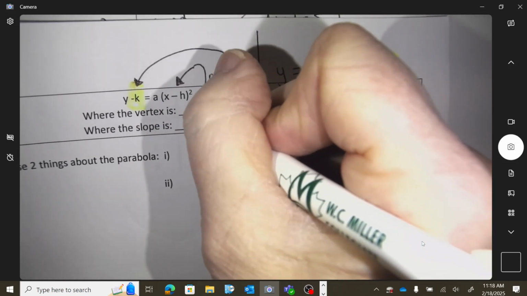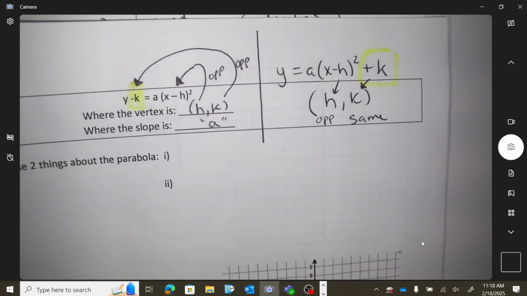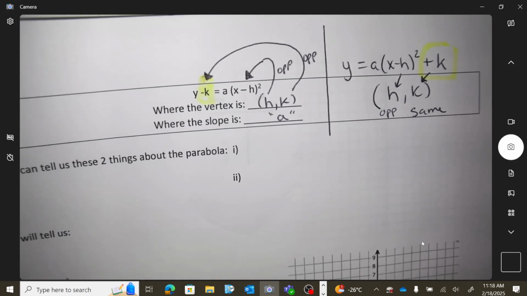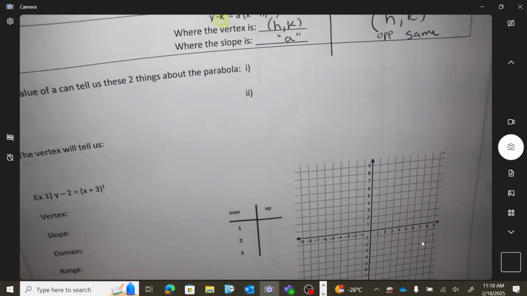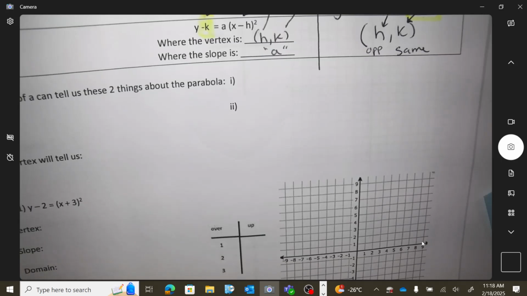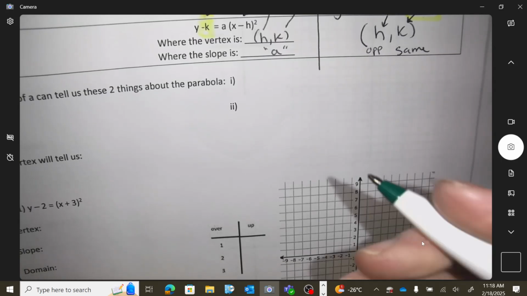Okay, and the slope is that a value, that multiplier. We call it the multiplier. And what two things does that multiplier tell us?